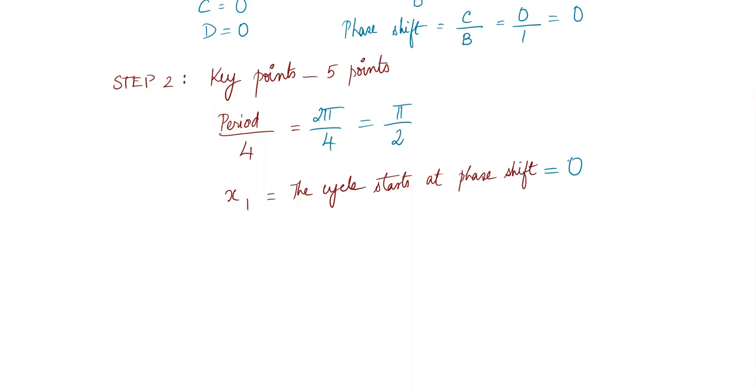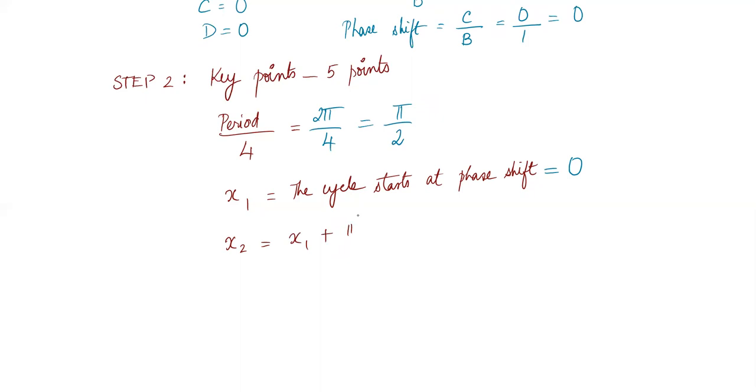Now from the starting point, we will be able to generate the other x values. So this is x1. So your x2 will be x1 plus the period over 4.